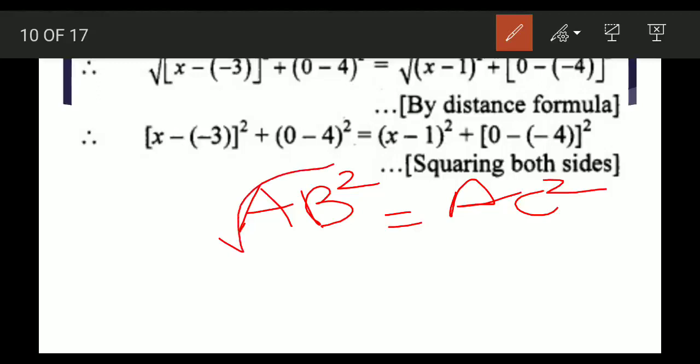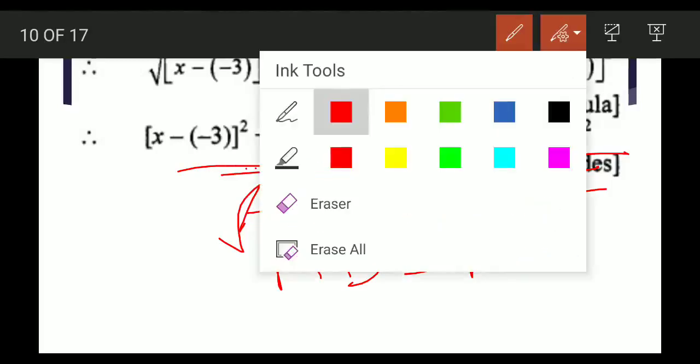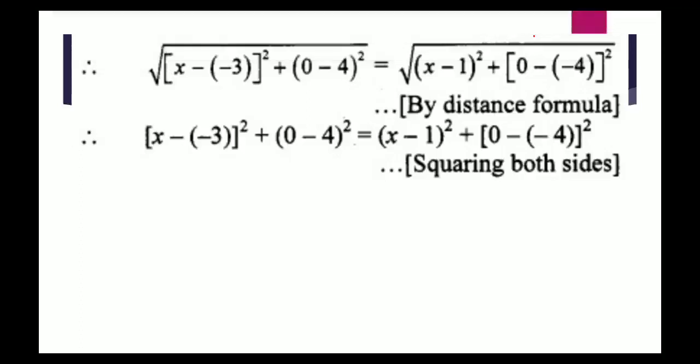So taking square root on both sides, we can write AC is equal to BC. They have applied the distance formula here. Don't think about where all these things have come from. This is only the distance formula. If you're confused, please write the x1 y1 values on the left hand side or the right hand side before solving it.